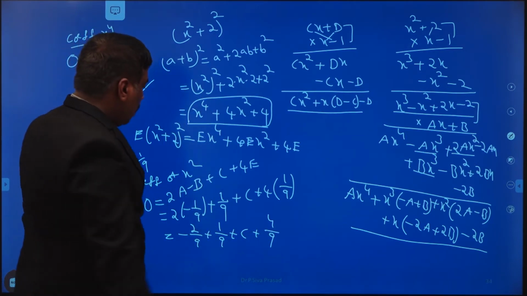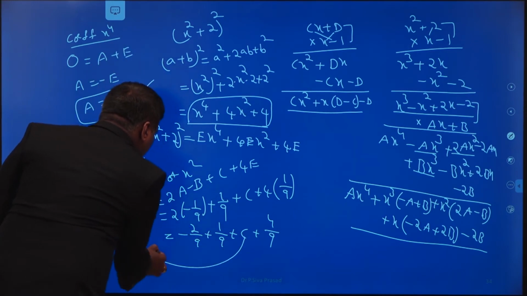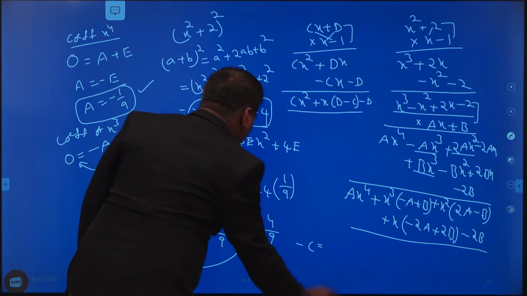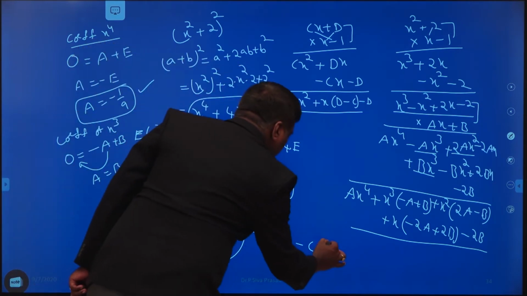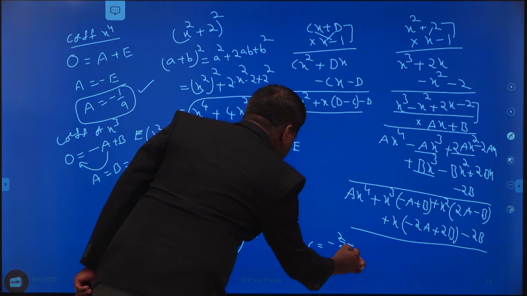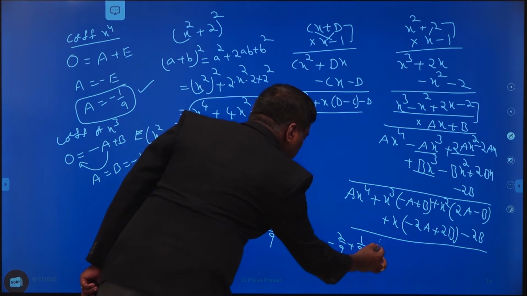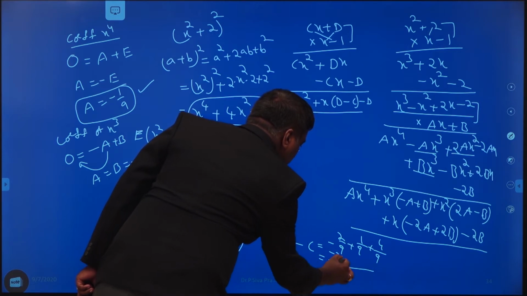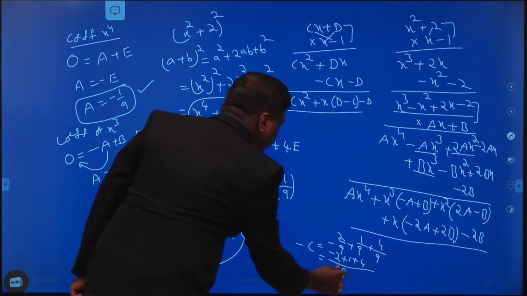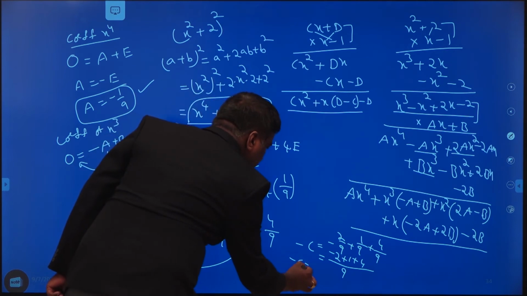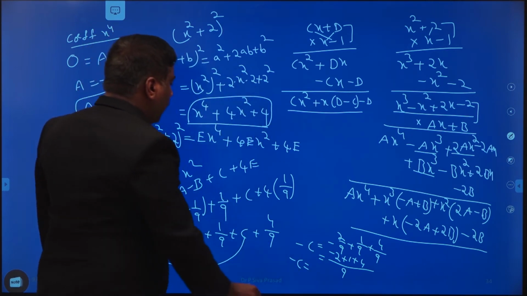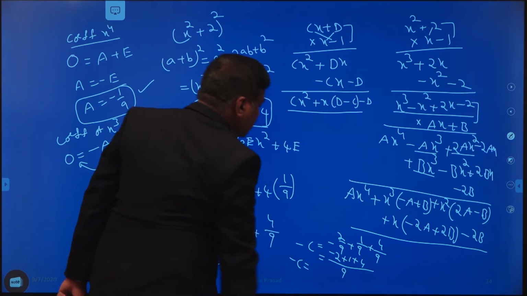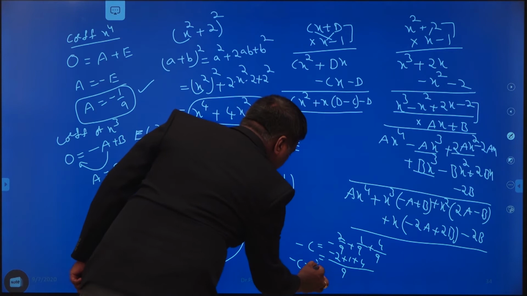Now I have to bring this c value to the left hand side, then we get minus of c is equal to minus 2 by 9 plus 1 by 9 plus 4 by 9. Take the LCM: minus 2 plus 1 plus 4, so 5 minus 2. Therefore minus of c is equal to 3 by 9.